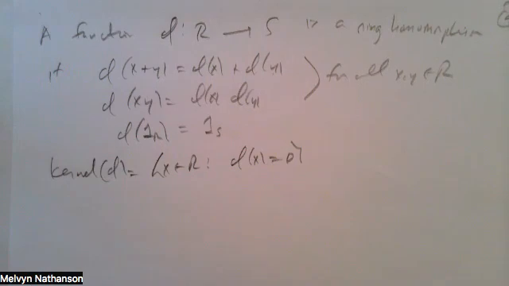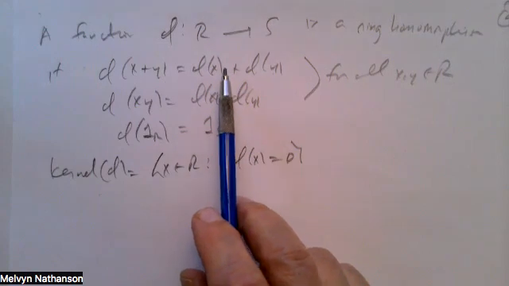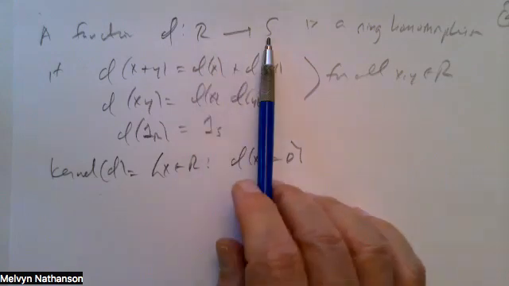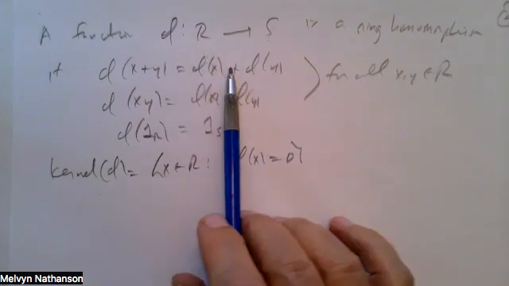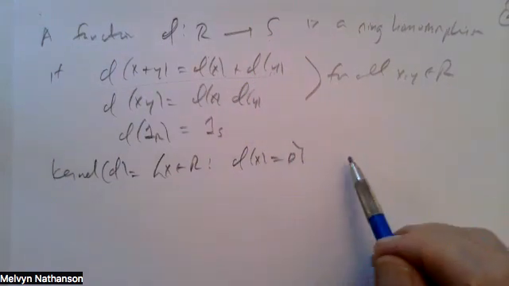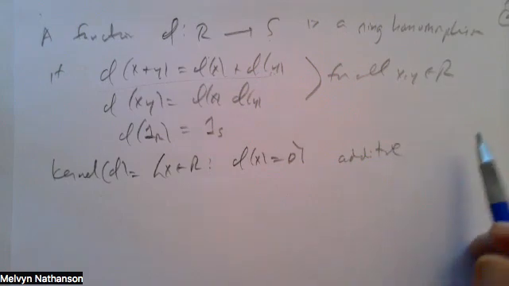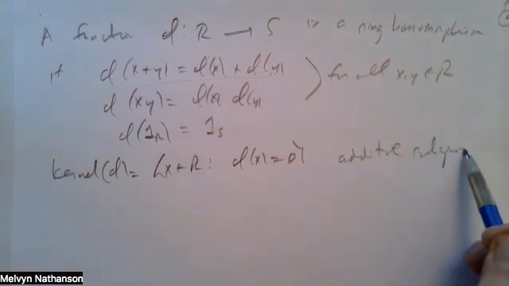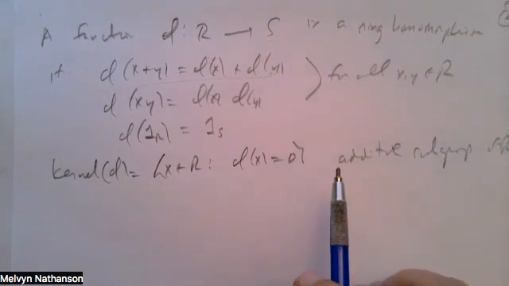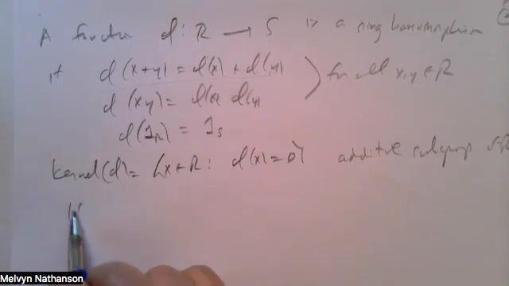So we know, because R is an additive abelian group, and S is an additive abelian group, and phi, if it satisfies this first property, is a group homomorphism, this is automatically an additive subgroup of the ring R. But we can also observe the following.